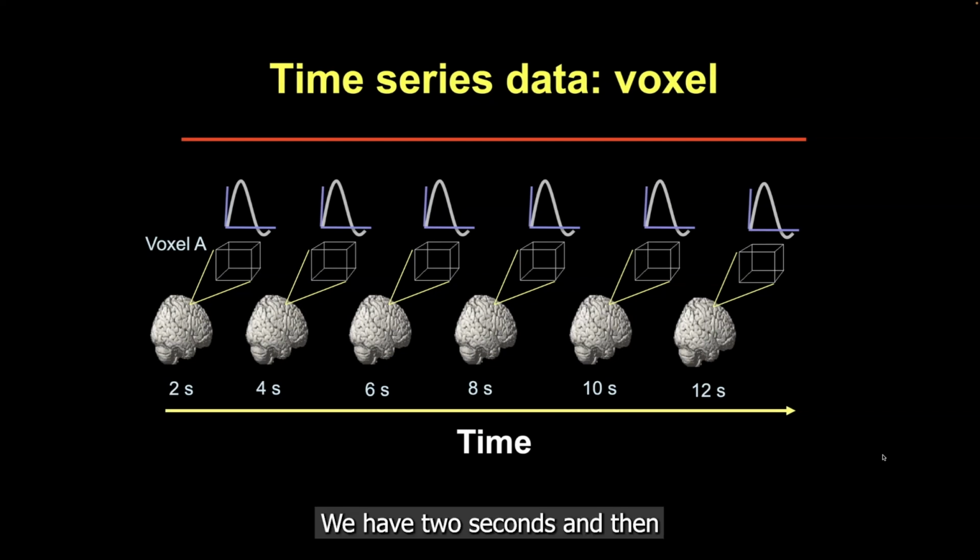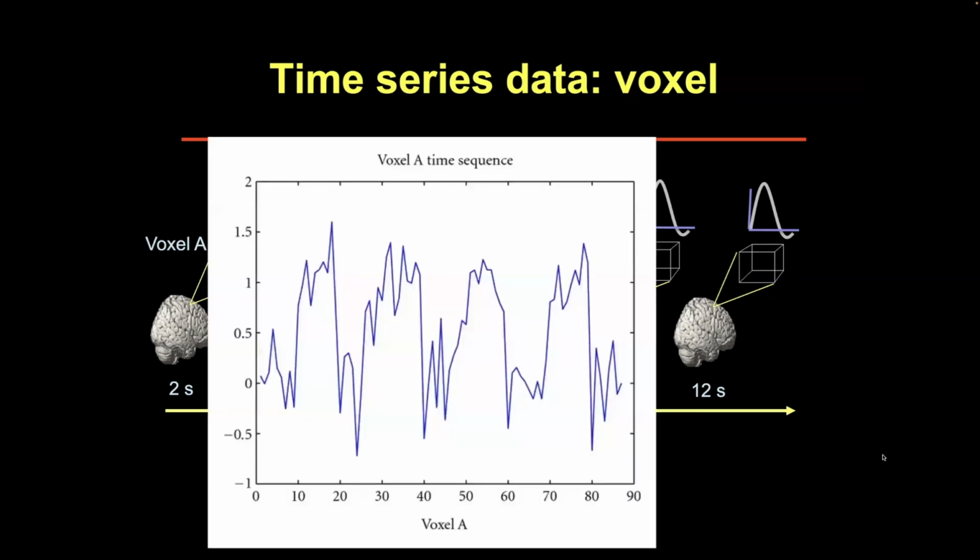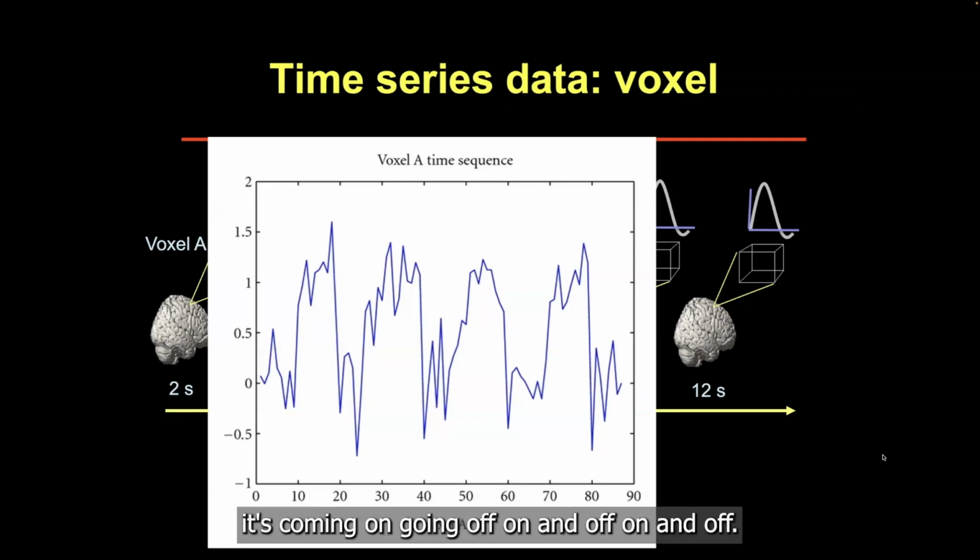We have 2 seconds, and then 4 seconds, we have another volume, and we can look at how that signal is changing over time in our time series. And so if you just took voxel A, you could plot out how much signal is happening in this voxel over time. And again, this one looks like it's going on and off, on and off.